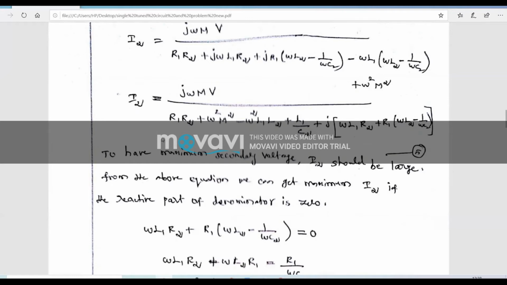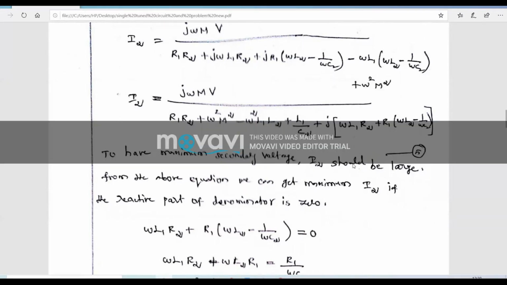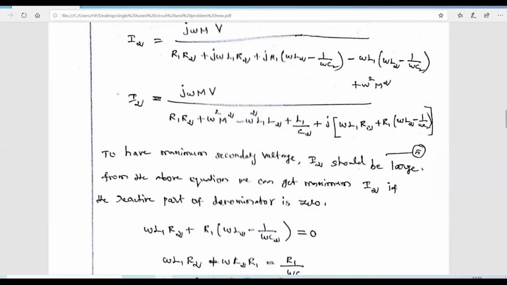Looking at the I2 equation, I2 will get the maximum value whenever the imaginary part tends to be 0.